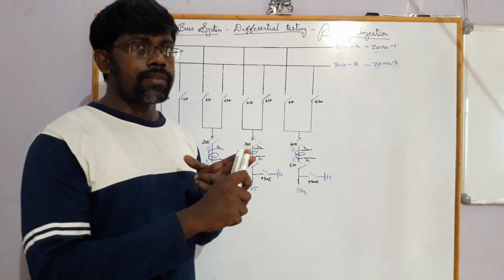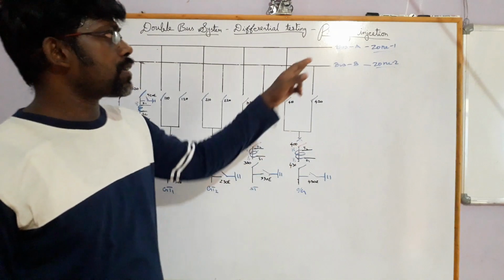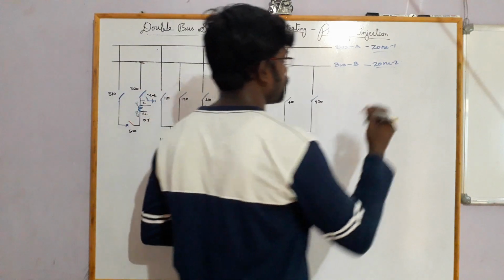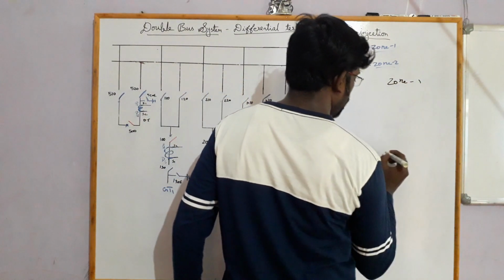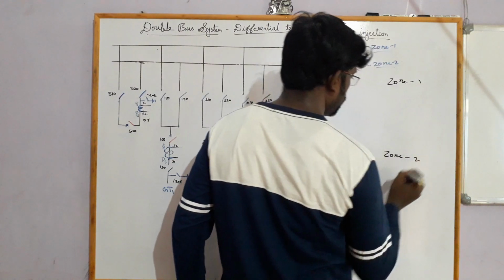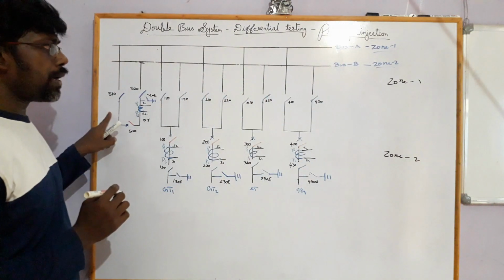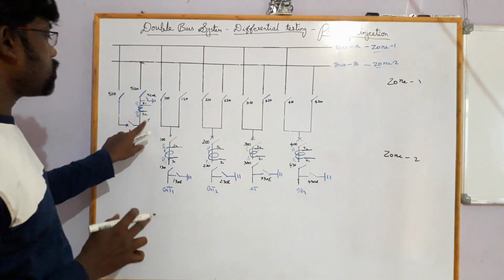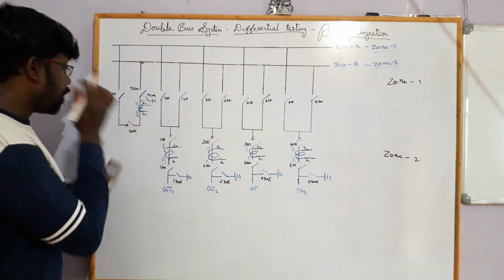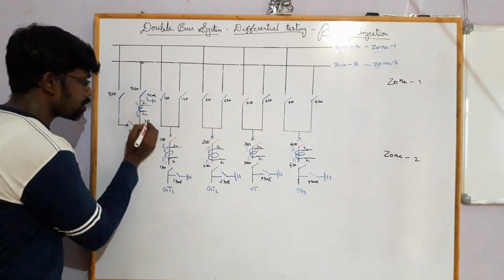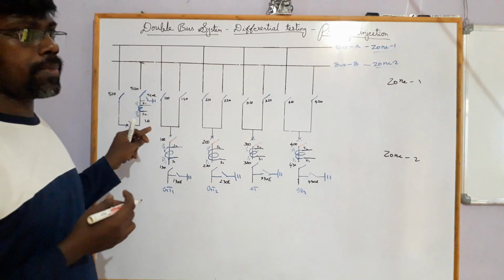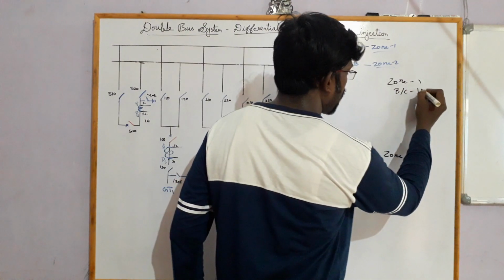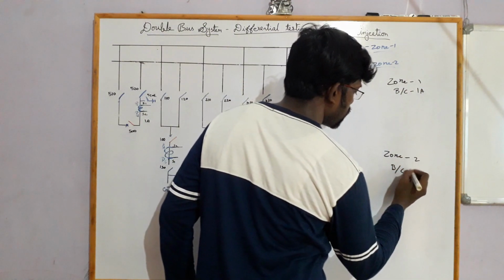Now the fourth one is the zone selection. Let us consider bus A is zone 1, bus B is zone 2. When you close this bus coupler, when you close these two isolators and the breaker, then if the CT secondary is making 1 amp, for example, zone 1 will consider this 1 amp, zone 2 also will consider this 1 amp.